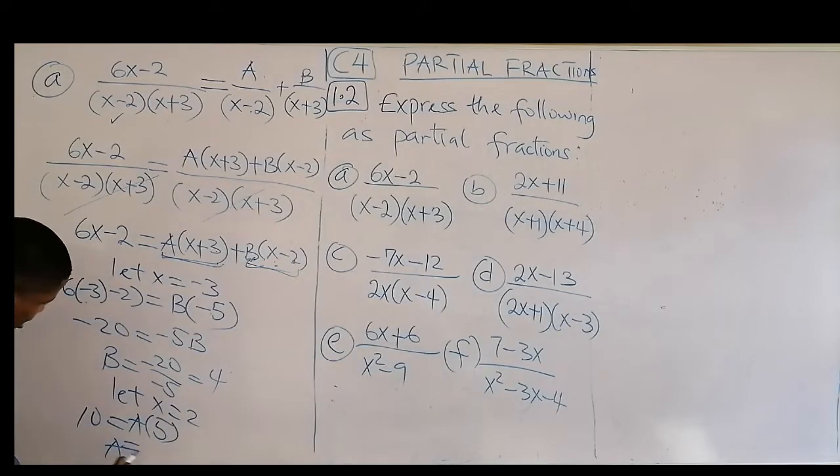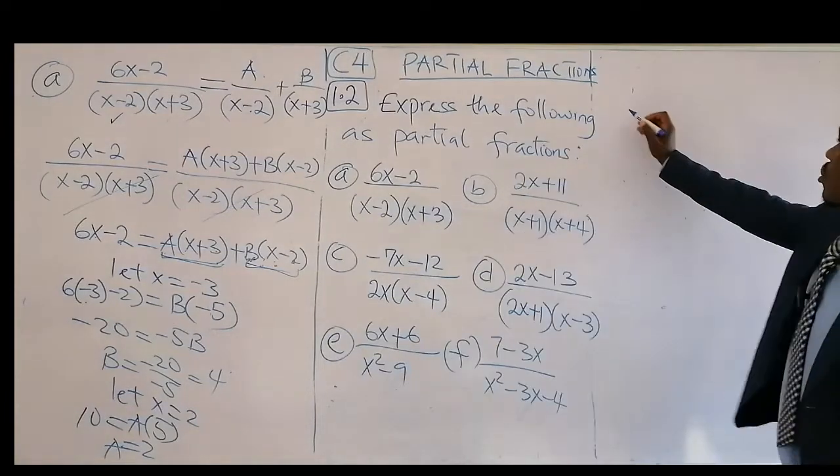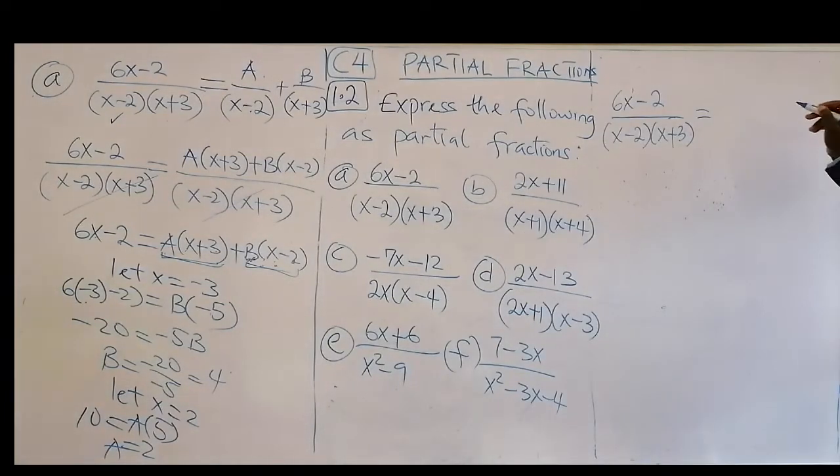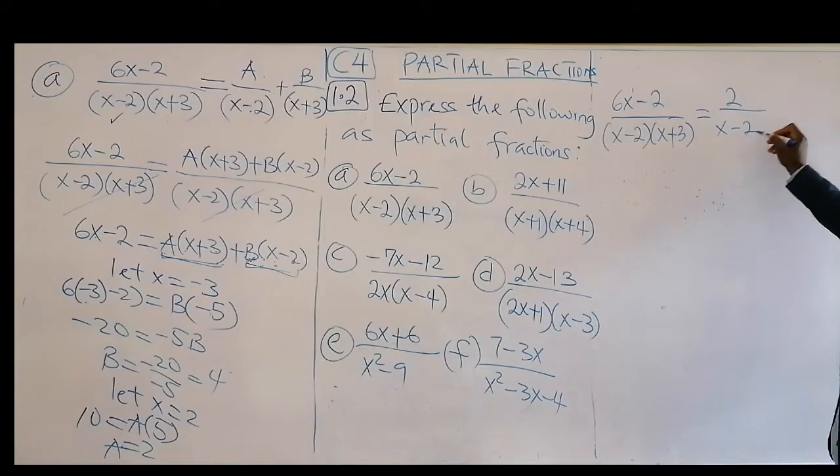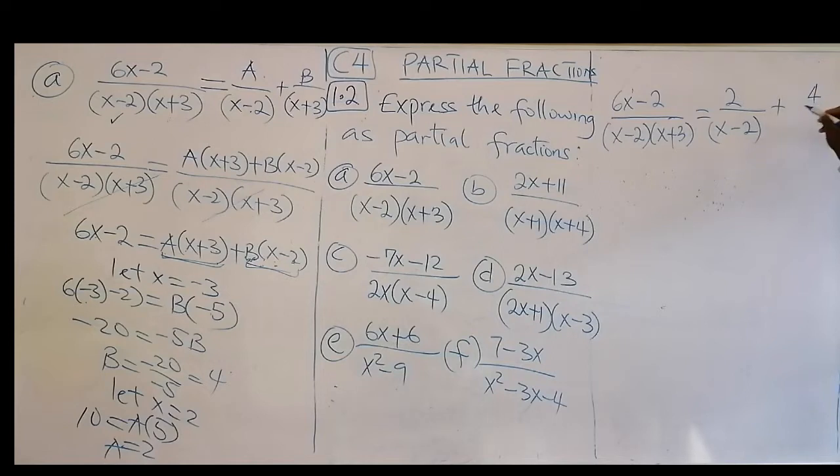So A is 2. So finally, just write the question, is equal to, my A is 2 over x minus 2, then plus B is 4 over x plus 3. And that finishes the first part of the question.